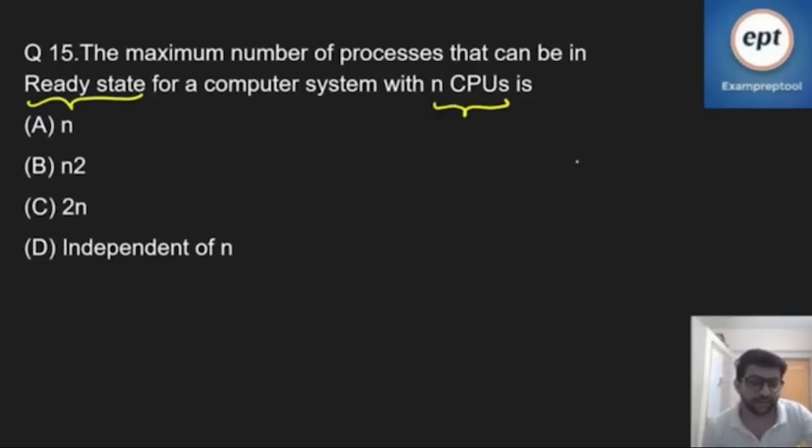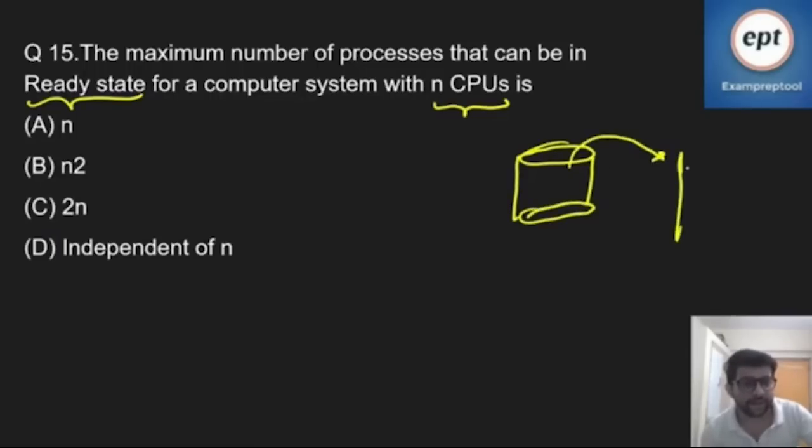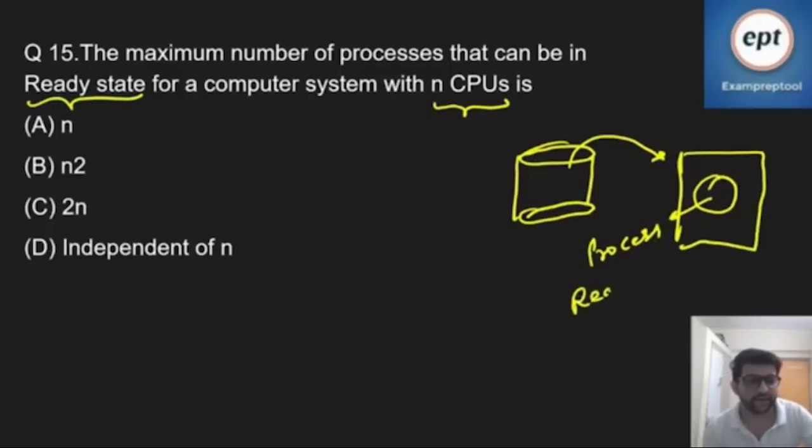Ready state is the state when the process is loaded into the main memory. So if we have the secondary memory and when the program is loaded to the main memory, it is known as a process and it is currently in the ready state, right?